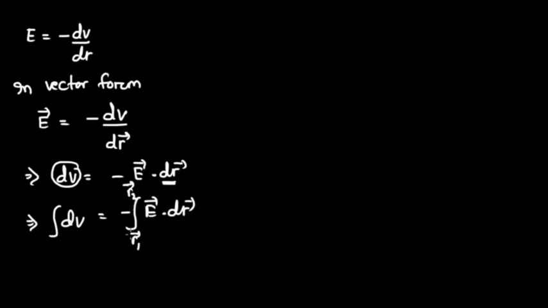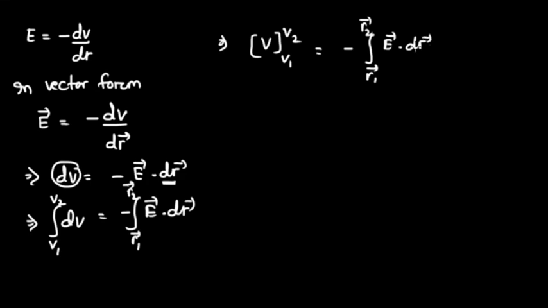And suppose at this position r1 vector the potential is V1 and at r2 vector the potential is V2. So the limits of dV, or the potential, will be from V1 to V2. Now integration of dV will be V, the limits are from V1 to V2, equal to minus of r1 vector to r2 vector E dot dr.